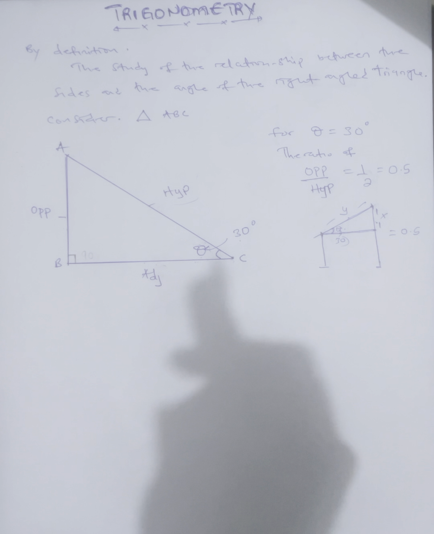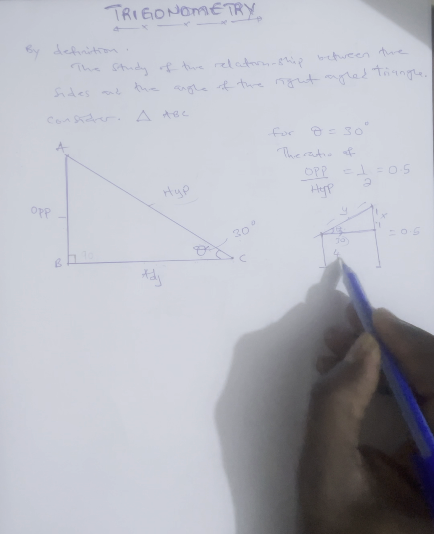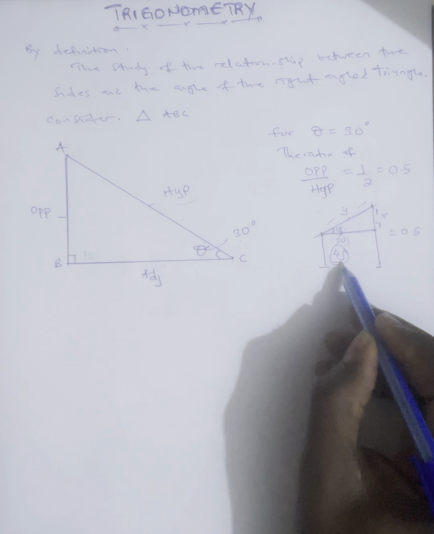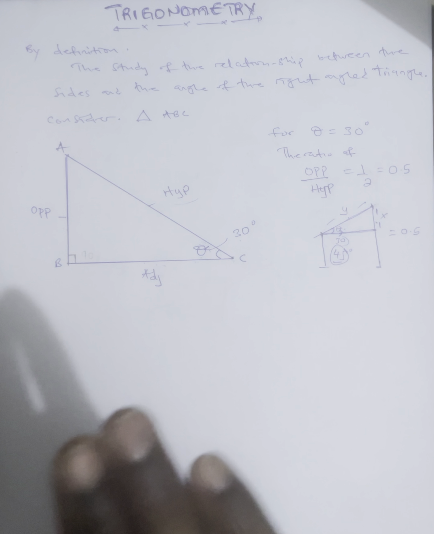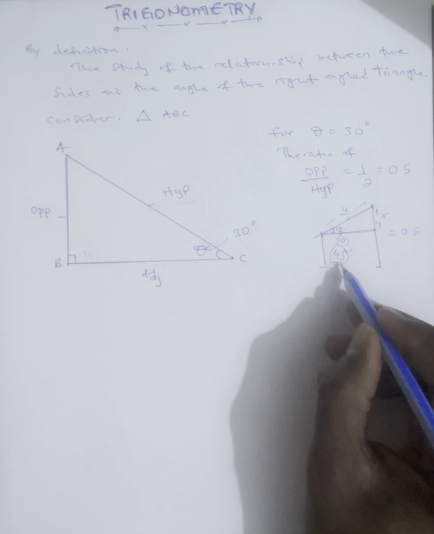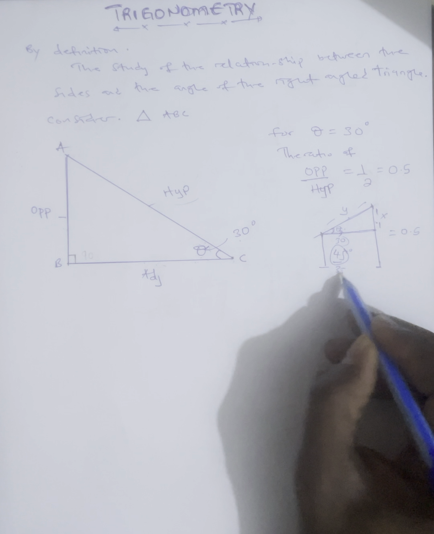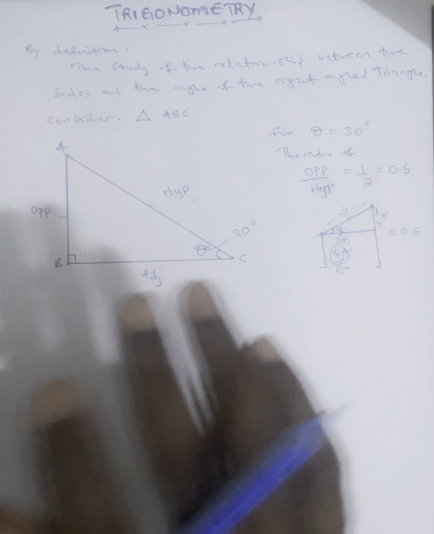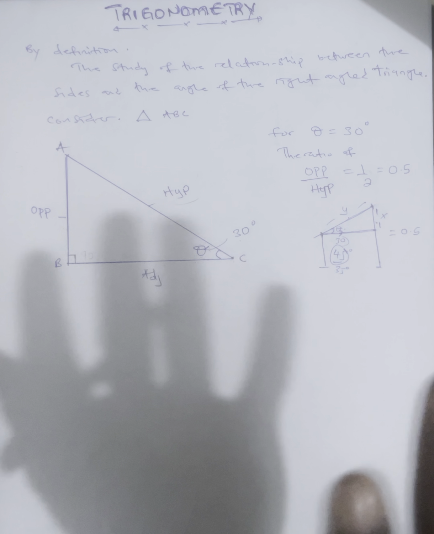For example, if the angle is 45, there is a specific ratio for the 45 degree, for whatever the triangle. If the angle is 35, there is a specific ratio for that 35 angle for whatever the triangle, the size of the triangle.